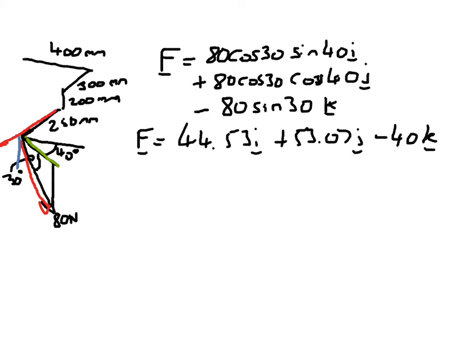It's a Cartesian vector. We also need to know how we get from A to C. Let's label this point A, and that point there where the force starts, point C. To get from A to C, in the X direction, we travel 300mm and another 250mm. So in metres, 0.55. You can leave it in millimetres if you want and have 550, that's fine.